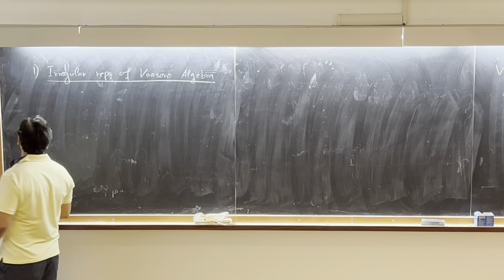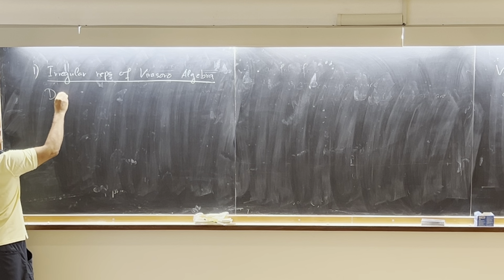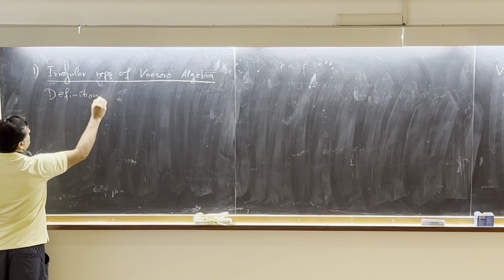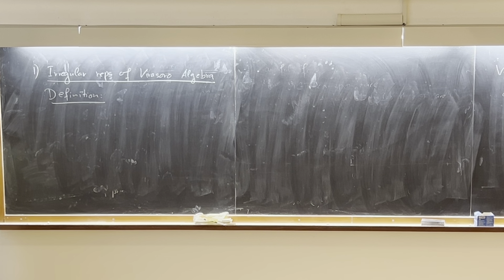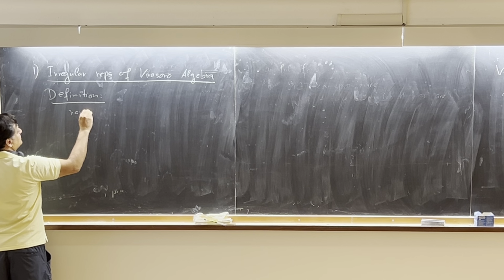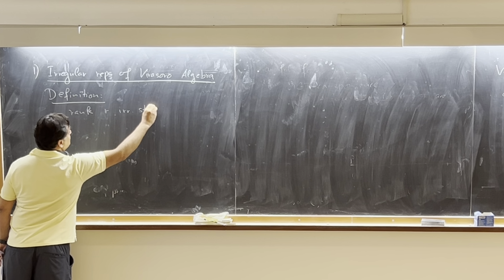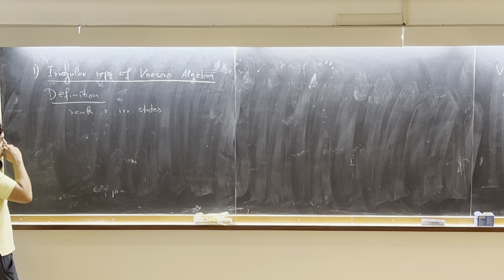Okay, so let me start with the definition. So if we look at a rank r irregular state, it is defined as follows.